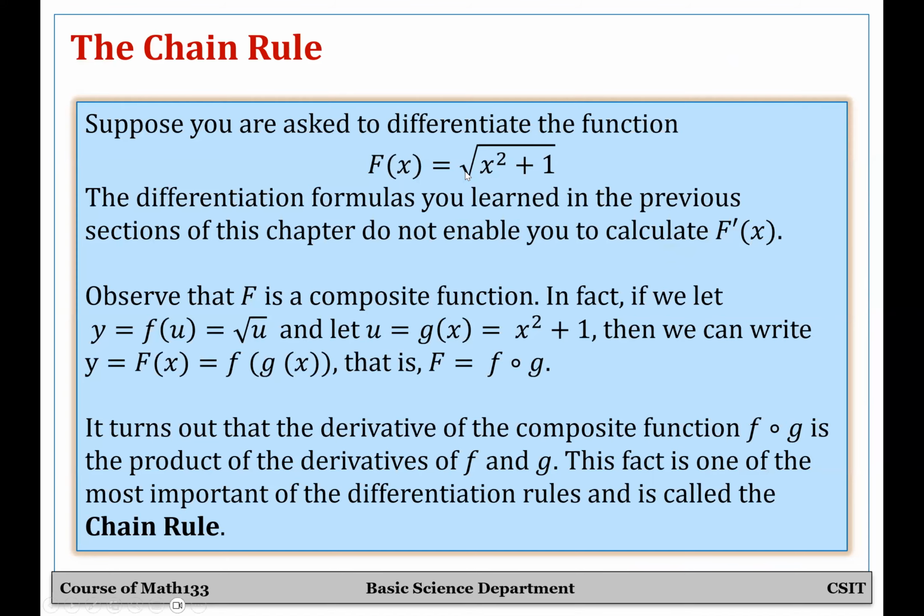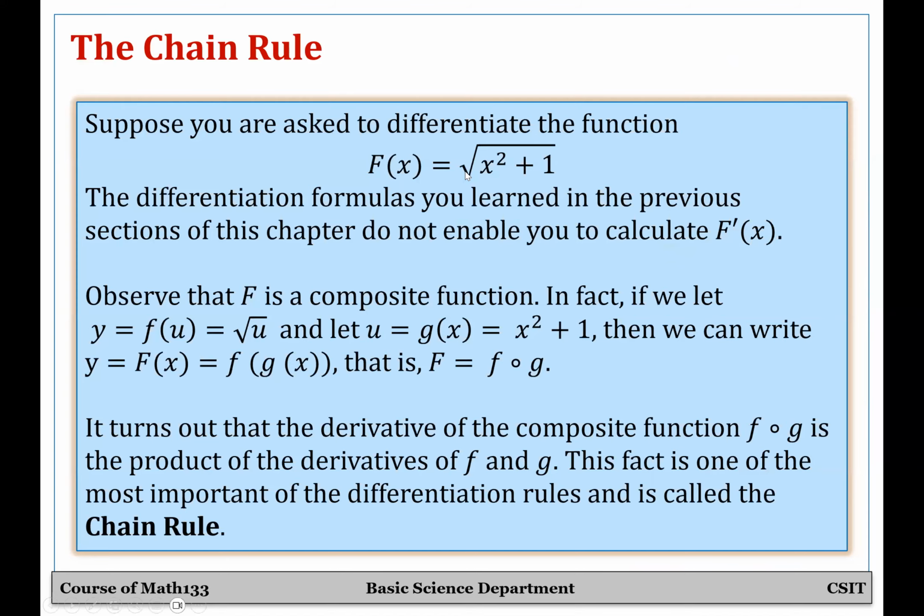So in general, you will write f of x, f prime, g of x, g prime. Then you will apply these at this point, and then multiply by g prime. That's the process of the chain rule.